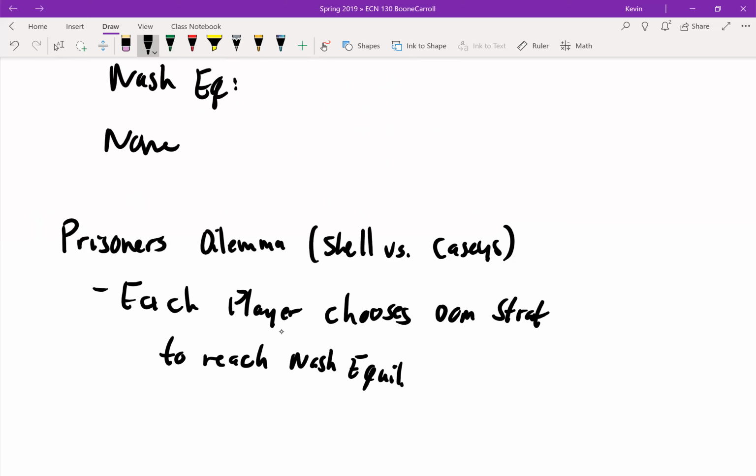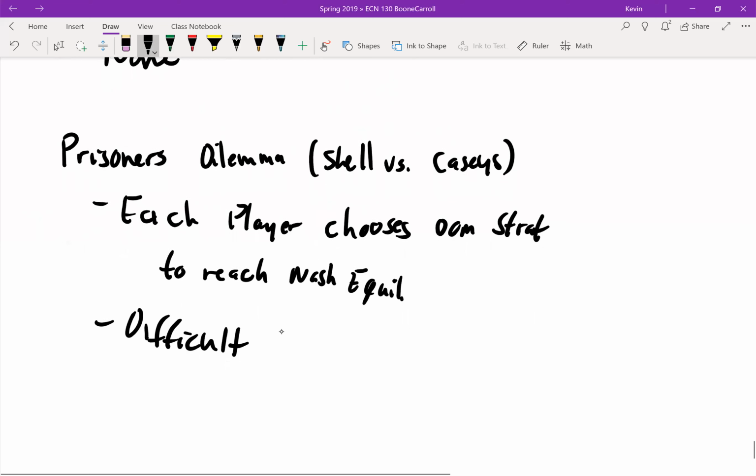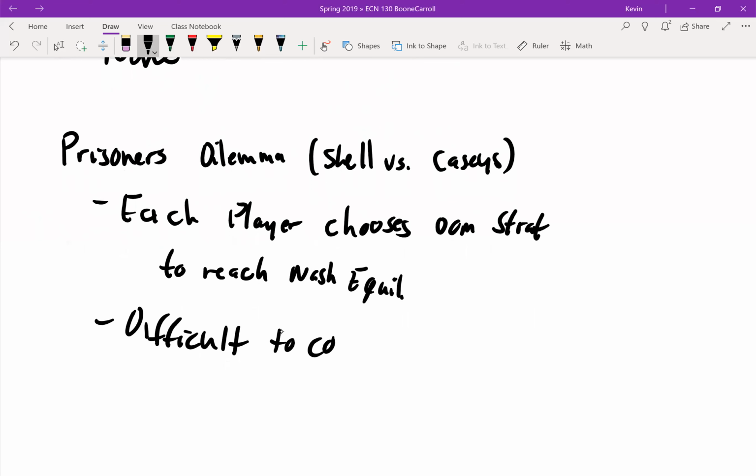And what we'll see is they both have dominant strategies, and it's also going to be difficult to collude, just because you can't trust the other player. Can't trust the other player because if they're rational, they will not cooperate with you.